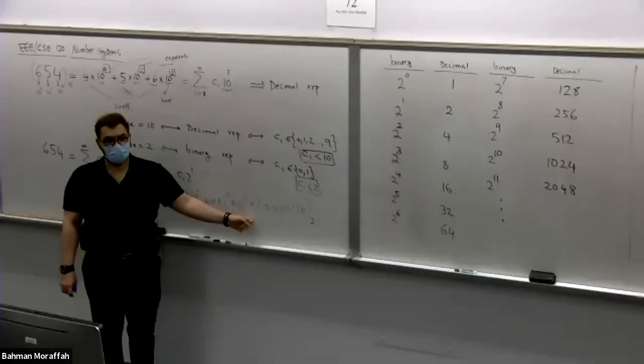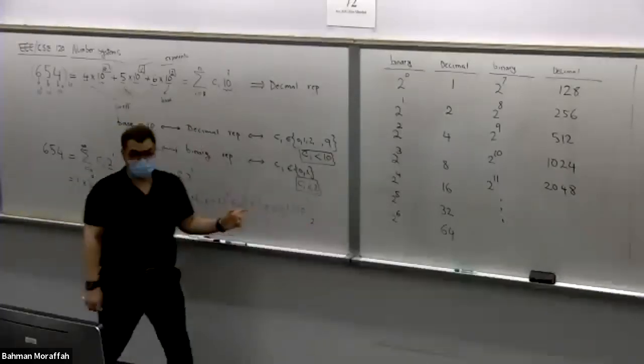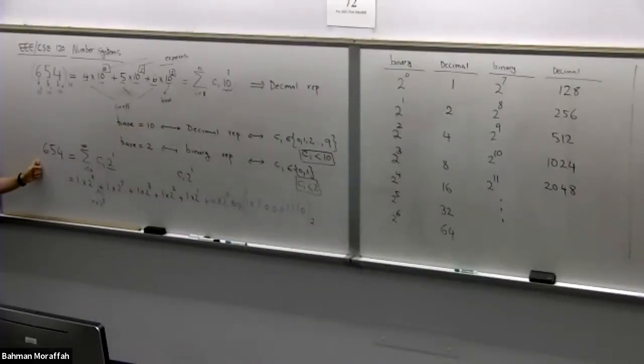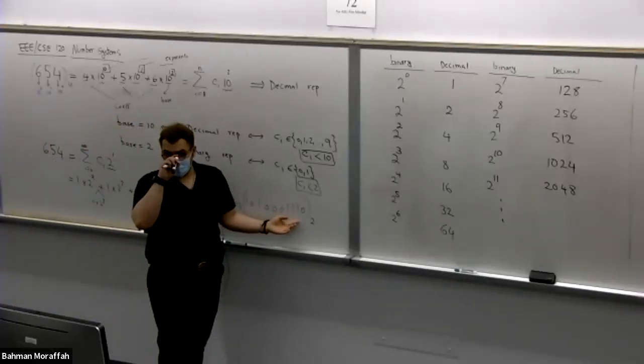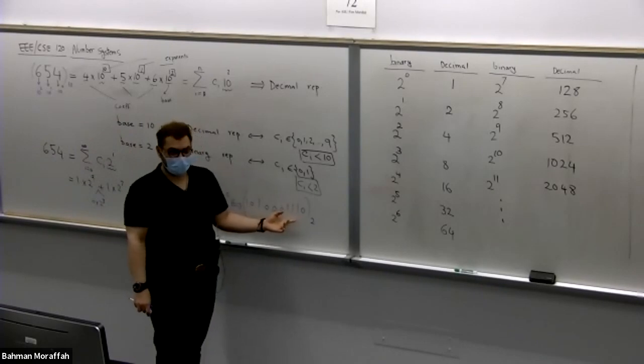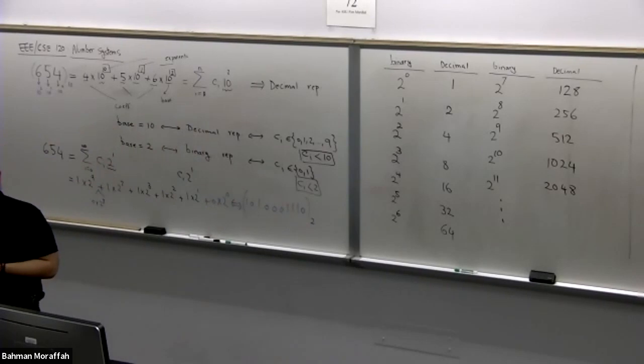This guy over here is actually huge, and as this number gets bigger, this number gets bigger and bigger. So it's not efficient to work with numbers that are super big. Instead, we can look at other bases.